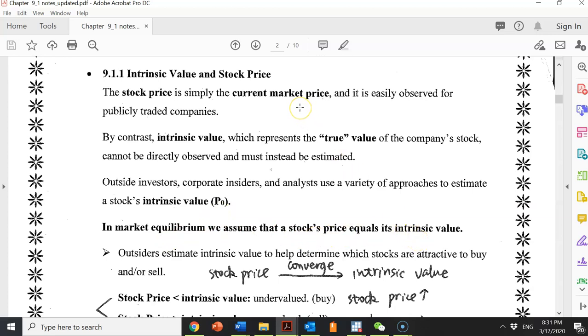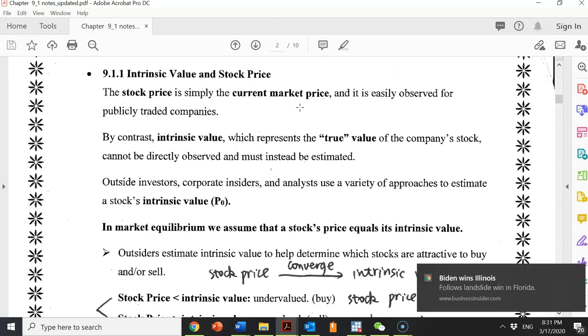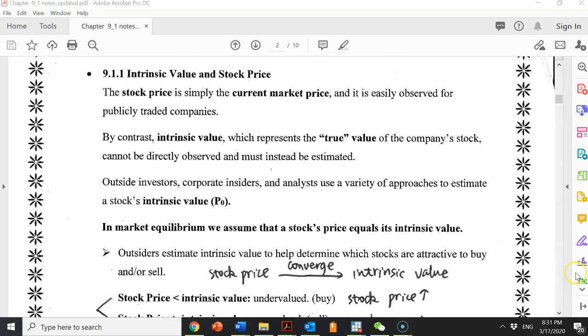So the market stock price you observe in the market is decided by the buying and selling activities in the market. So it shows how investors perceive the risk of the stock and how investors think the stock market price should be for this stock. On the other hand, intrinsic value is our estimated true value of the firm, P0. We can use multiple models to estimate intrinsic value.